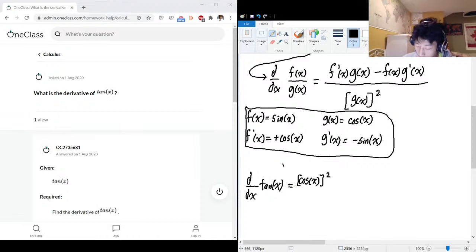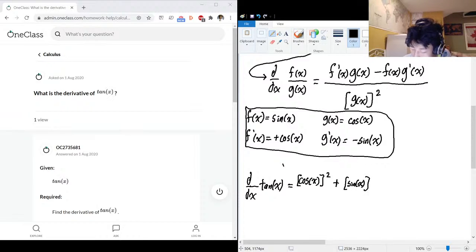Cool. Minus, we have the natural top, so that's sine x, multiplied by the derivative of the bottom, which is negative sine x. So we're going to multiply the negative sine x into this. That negative plus this negative, negative times negative becomes a positive.